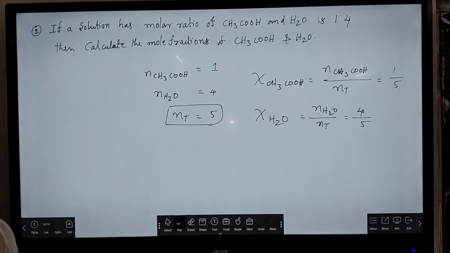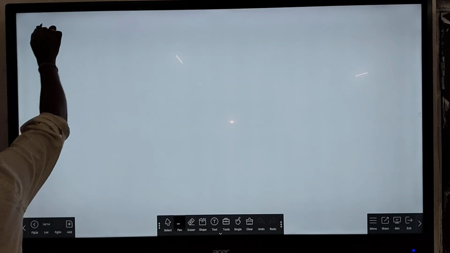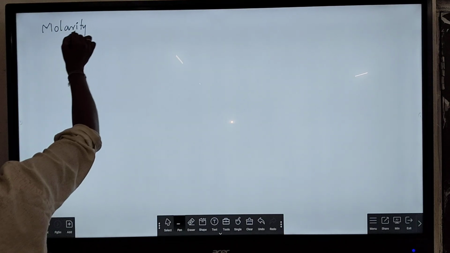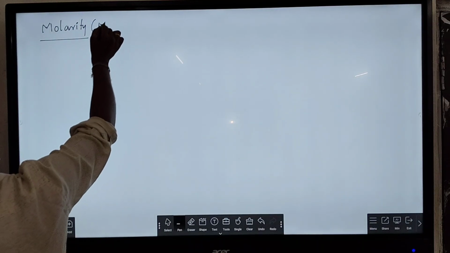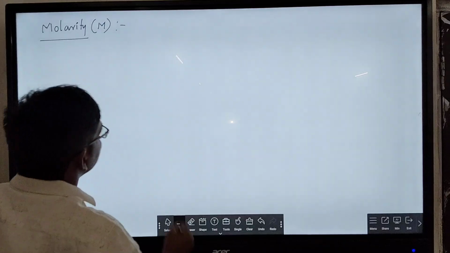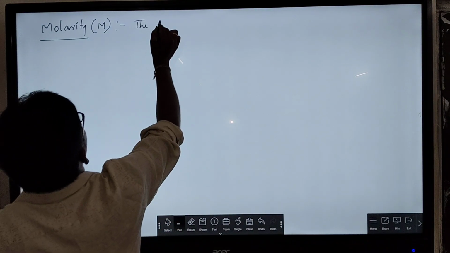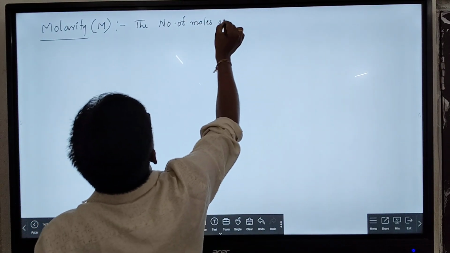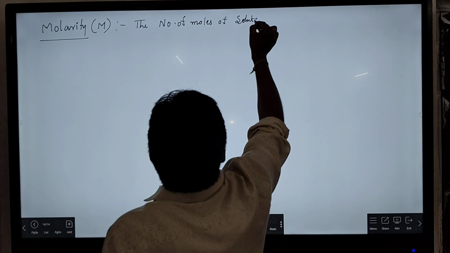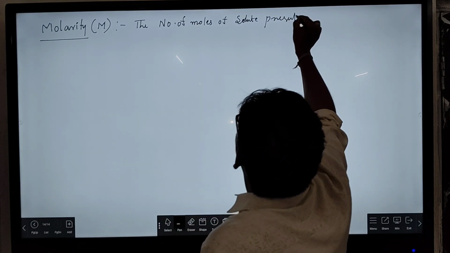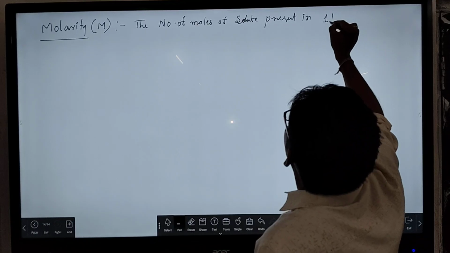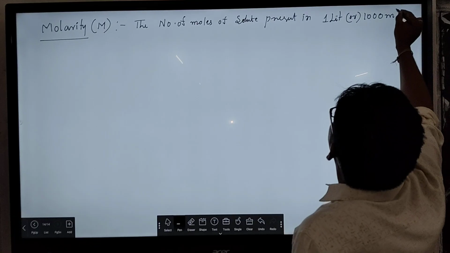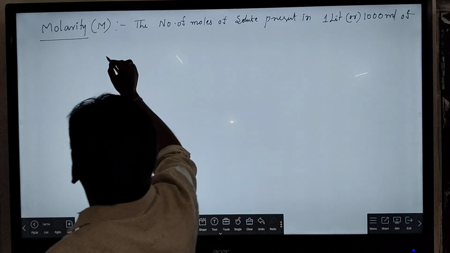Next, we have to discuss the most important concentration term, that is molarity. What is molarity? Molarity is represented with a capital M. Molarity is nothing but the number of moles of solute present in 1 liter or 1000 ml of solution.